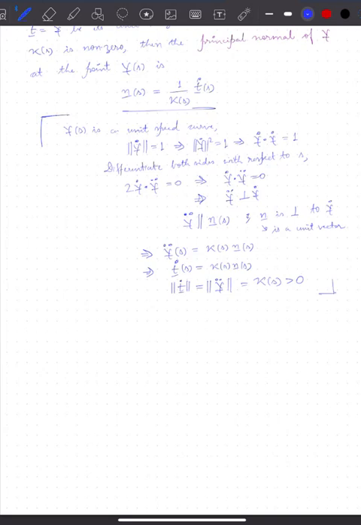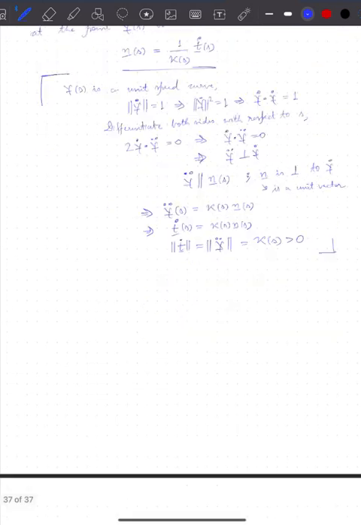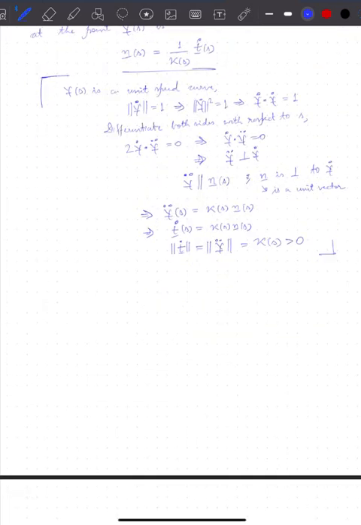Later we'll know that what we are discussing right now is called the Frenet-Serret frame. A major disadvantage of the Frenet-Serret frame is that it does not allow kappa to be equal to 0. Otherwise, we cannot define the principal normal to the curve at any point gamma of s.